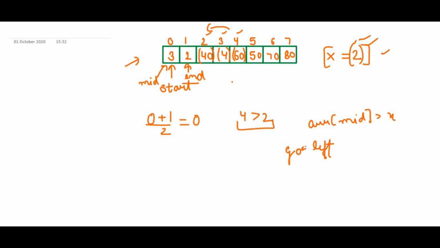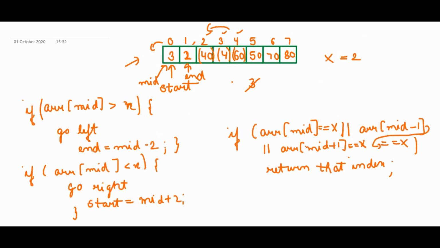We have to compare this with mid plus 1 and mid minus 1. Okay, so mid minus 1 is not present. We have to compare it with mid. So mid is 3 and our x is 2. They are not equal. So we will check with the mid plus 1th element. Now 2 and 2 are equal. Okay, we have found our element and we will just return 1 here.